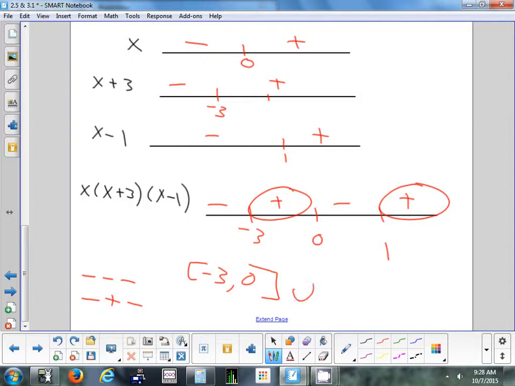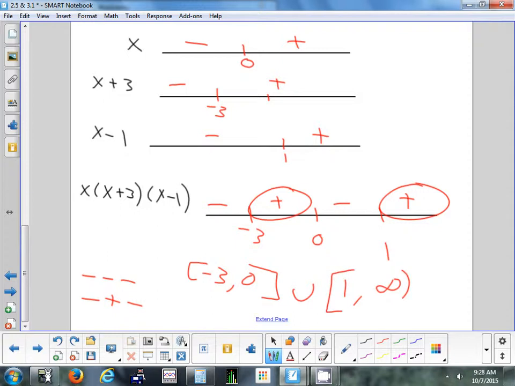Or, how would I write this interval? 1 to infinity. Can you tell me my symbol on each end? Bracket, parenthesis. Bracket on the 1 this time, parenthesis on infinity. Why do I put a bracket on 1?